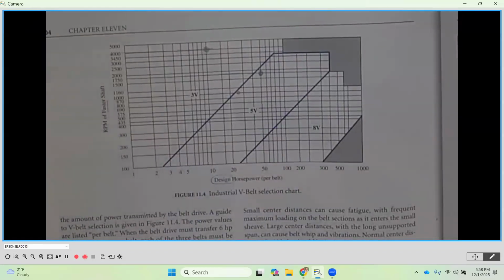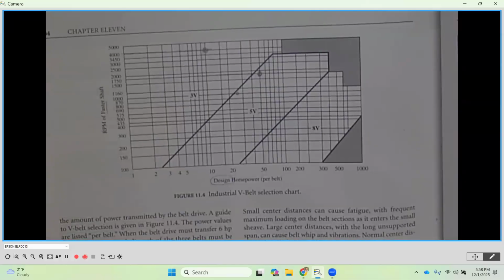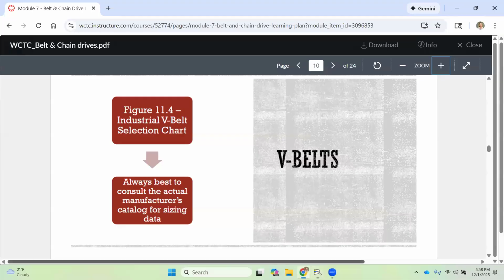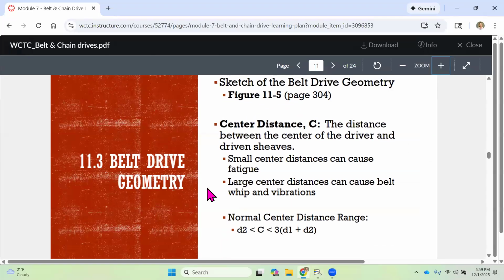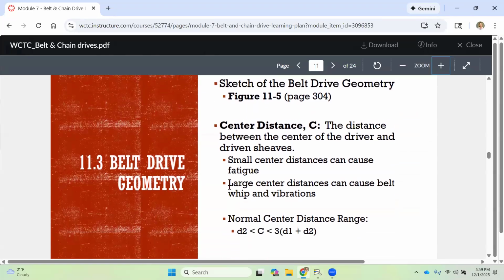Again, based on those two things, we can figure out where we are in the size of our V-belt. We don't want to be too big, but we obviously don't want to be too small either, okay? So that's how we would size our belt. Always best to consult the actual manufacturer's catalog. Again, these are here for our purposes and education. For those same reasons we talked about earlier, you want to use the actual data from that manufacturer.